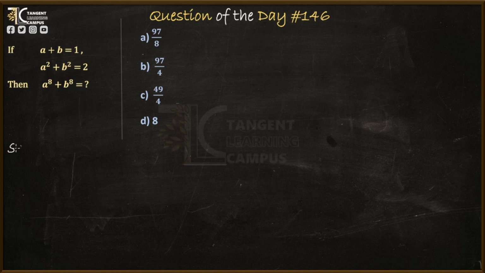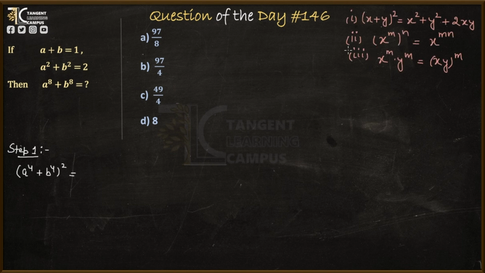So in step 1 we can write down a to the power 4 plus b to the power 4 whole square. Now in this question we are going to use a few formulas which I have written over here.